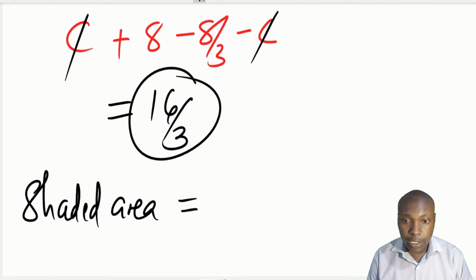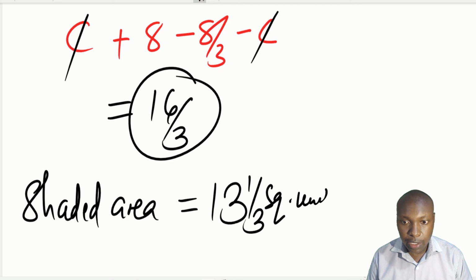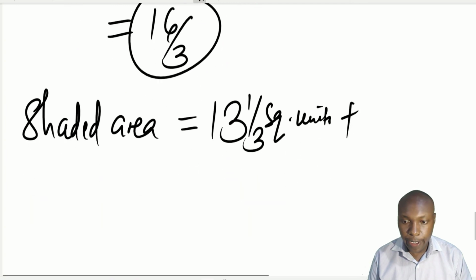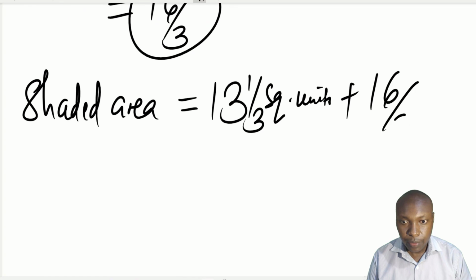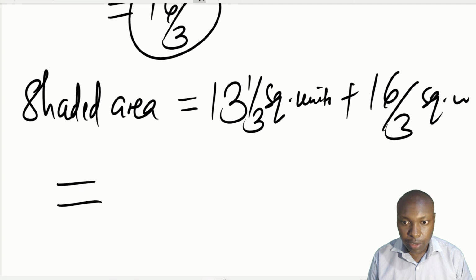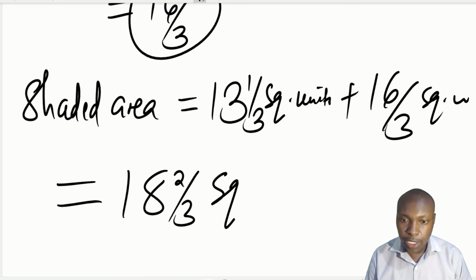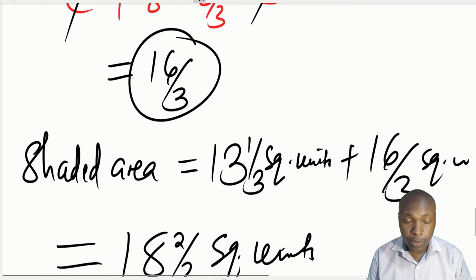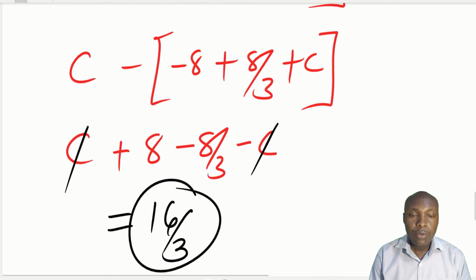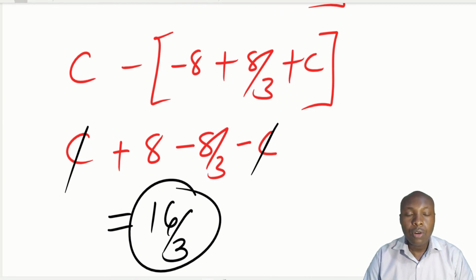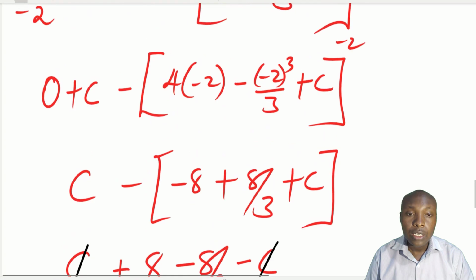The entire shaded area above and below the x-axis will be given by 13 and a third square units, and then we add 16 over 3 square units. You add these, you get 18 and 2/3 square units. And that is how you're supposed to solve that question on integration and area under the curve.